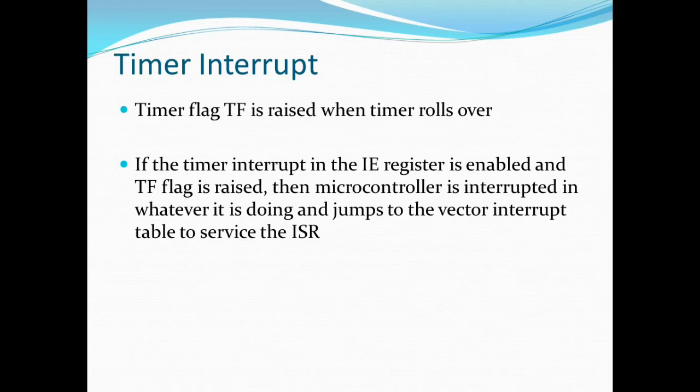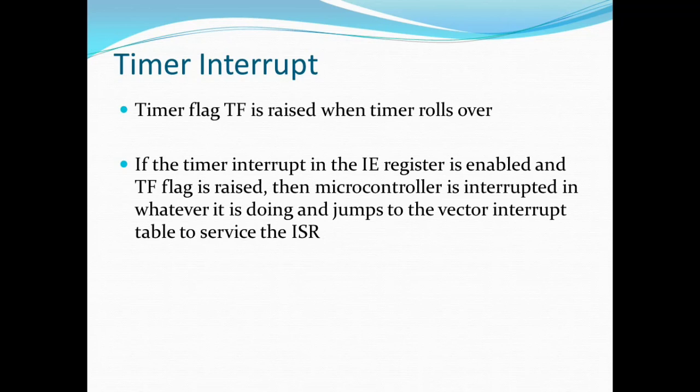First, let us discuss the meaning of a timer interrupt, or how the timer interrupt is generated. This is basically an internal interrupt, and whenever the timer flag, that is the TF flag, is raised, an interrupt will be generated for the microcontroller.